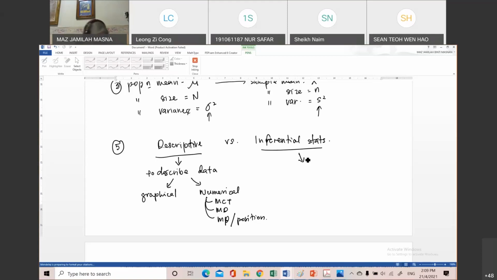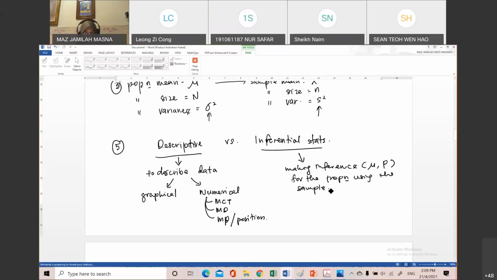What is inferential statistics? Making inference about the population using a selected sample. Making inference of what? For example, making inference of your mu, or for proportion, for example, for the population using the sample.